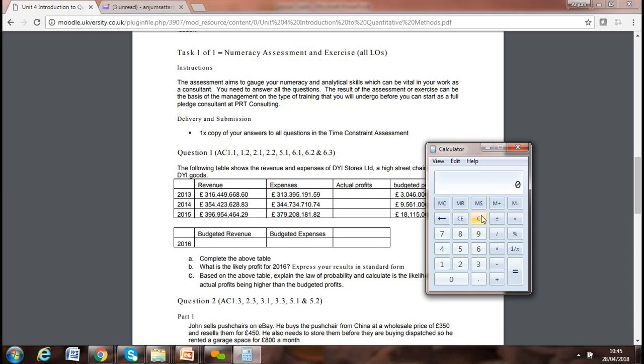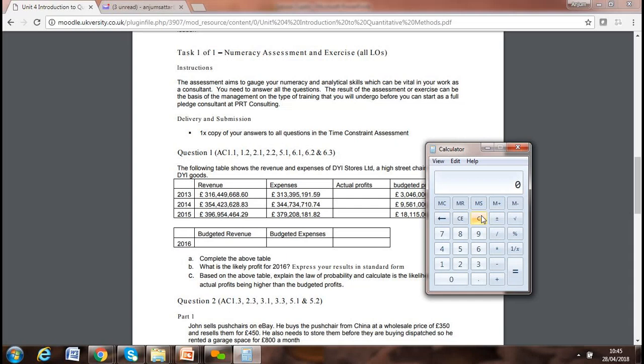Then look at the change between 2014 and 2015. Our expenses are increasing higher than our revenue. Our revenue increased by around 20%, 1.19, but our expenses may be increasing higher than the revenue.